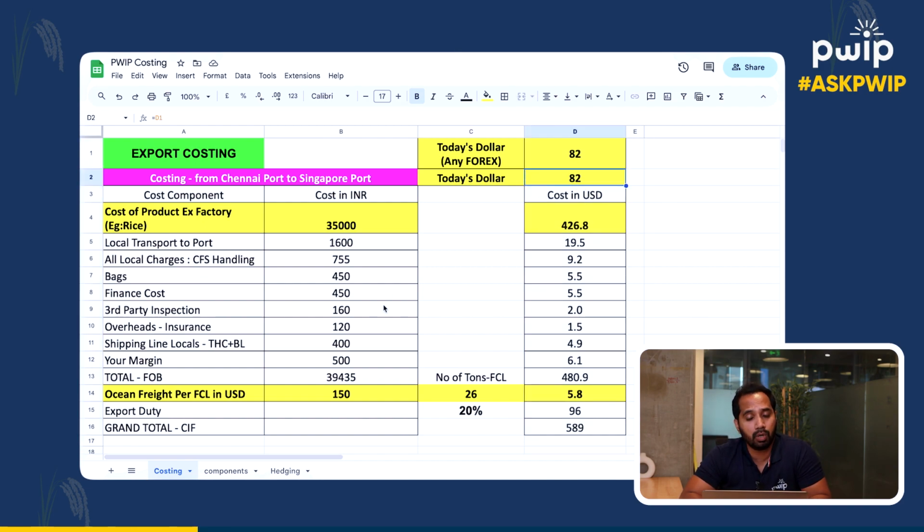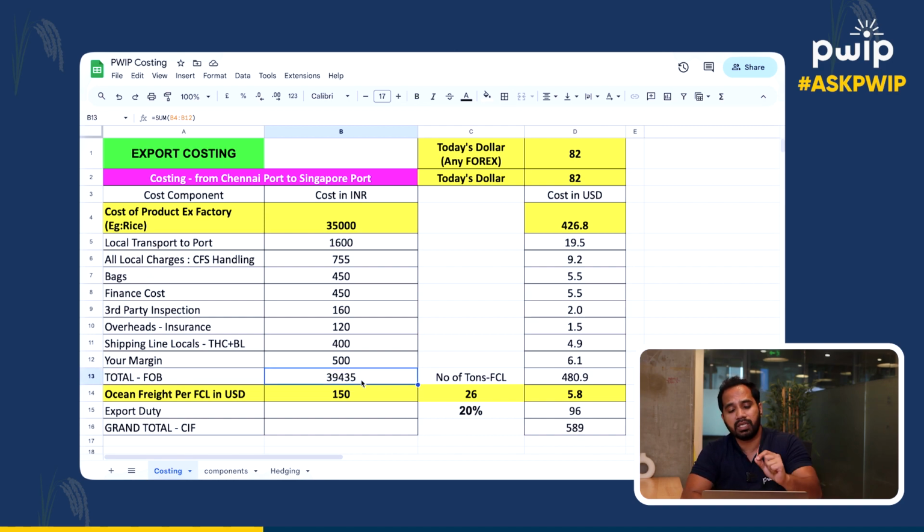As we all know, in a costing, we normally add the cost of product, the local transport to CFS, the CFS handling charges, the cost of bags or carton boxes or packaging, any finance cost involved from a bank, third party inspection, insurance, and shipping line locals like THC, BL charges, surrender charges, etc. And then you would want to add your margin per ton.